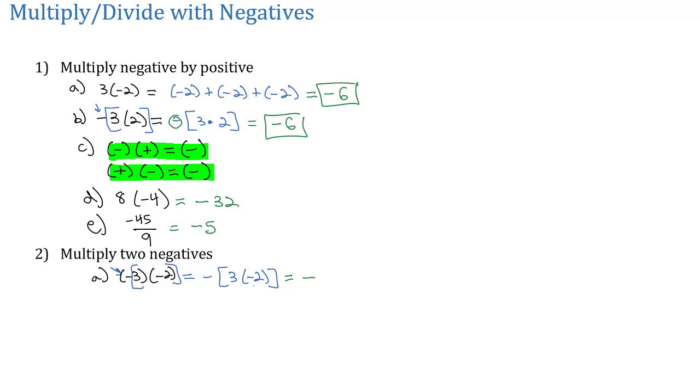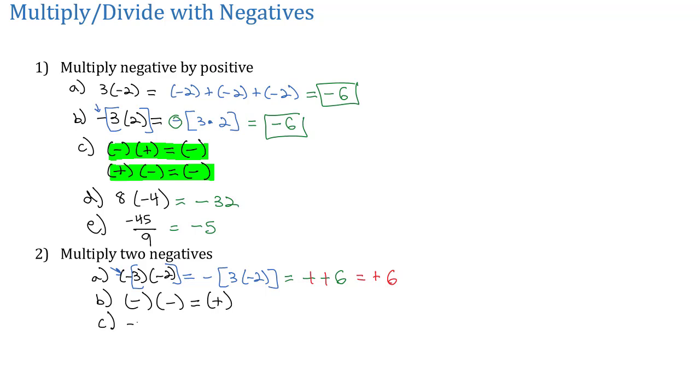And then 3 times negative 2 is negative 6. So we have minus a negative 6, and we know we can add the opposite to get positive 6 for our answer. In other words, we started with a negative, and we multiplied by a negative. And when we did that, the answer was positive. A negative times a negative is a positive.